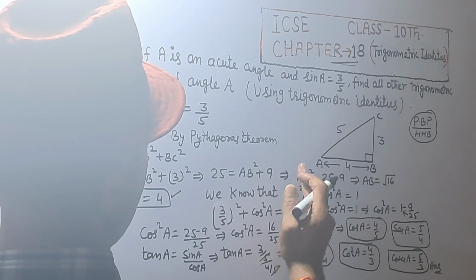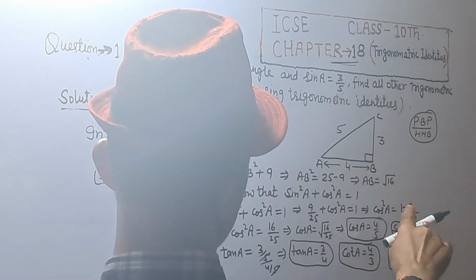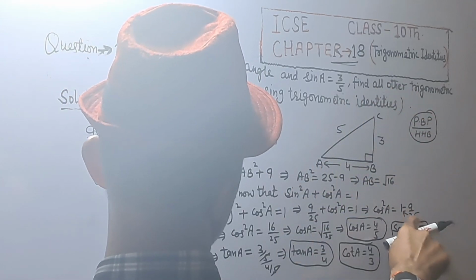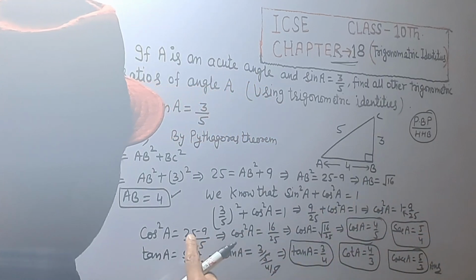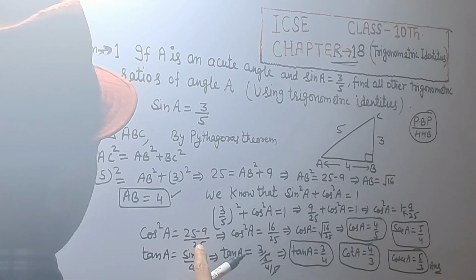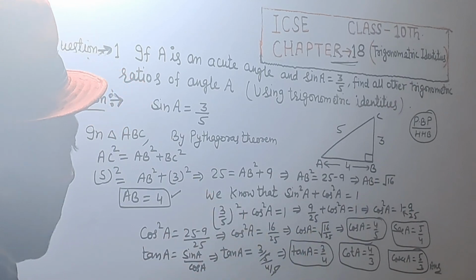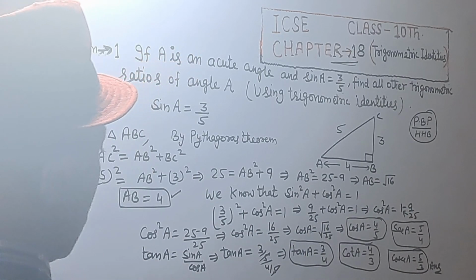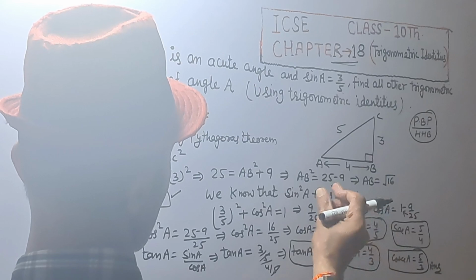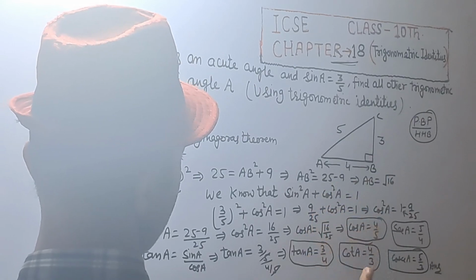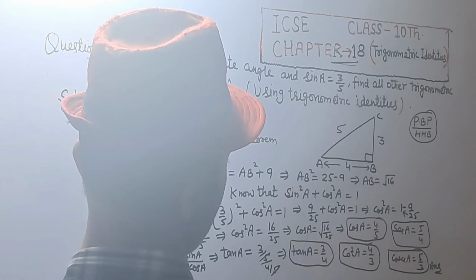We shift 9 upon 25 to the right side. This will be negative, and 25 multiplied by 1 is 25 minus 9 upon 25, that is equal to 16 upon 25. Cos square A is equal to 16 upon 25 and cos A is equal to root 16 upon 25, that is 4 upon 5.